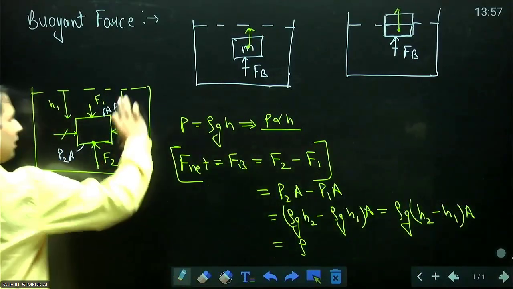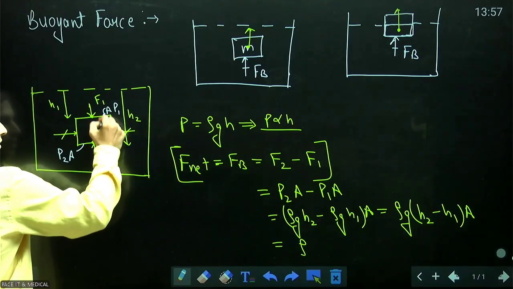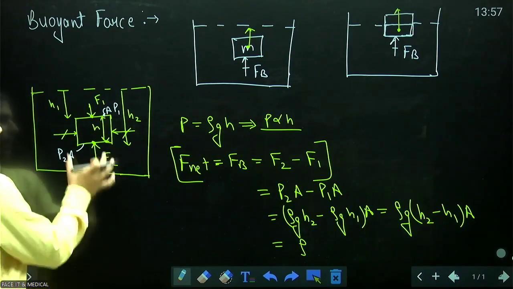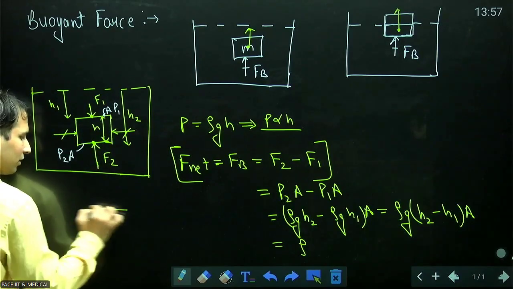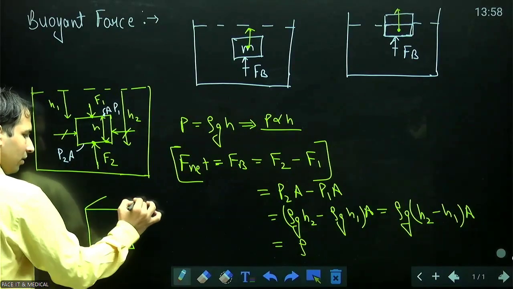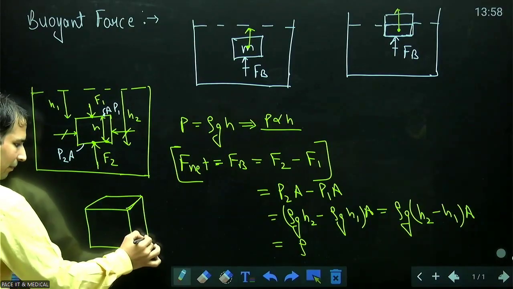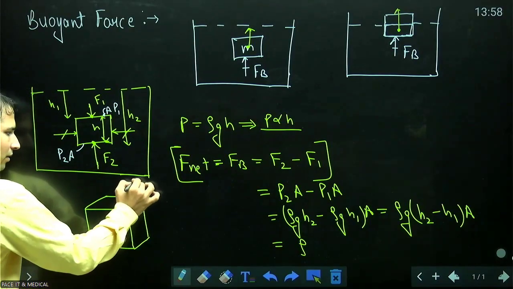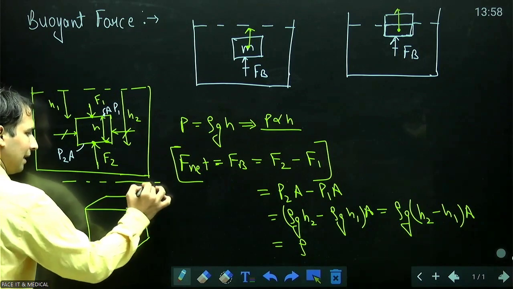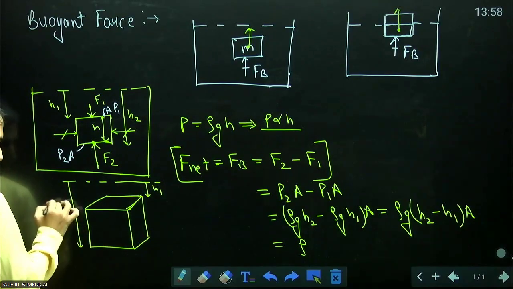Now you see h2 minus h1 is this distance, this h of this body, right? And A is the area of this base. Let me redraw this object. So this object looks like this. This is from the top, this is h1 and this is h2, right?